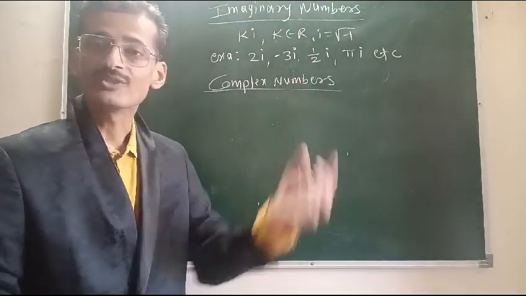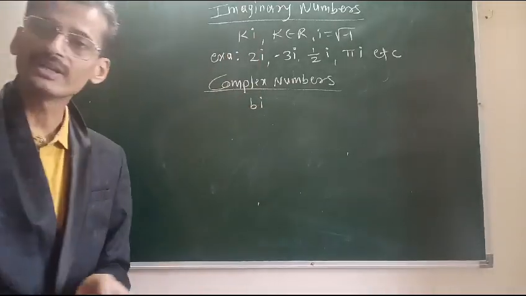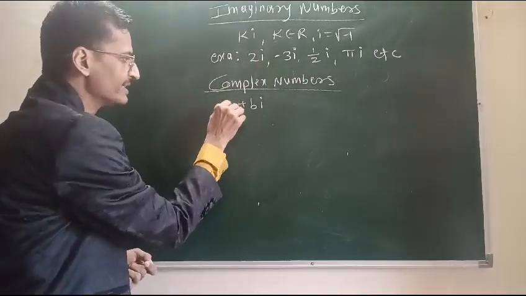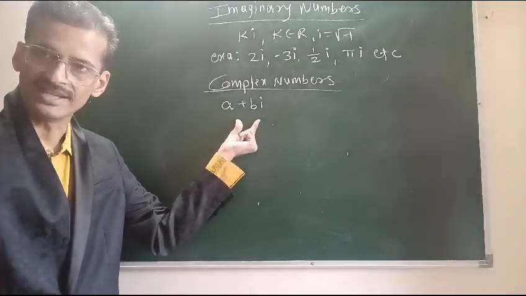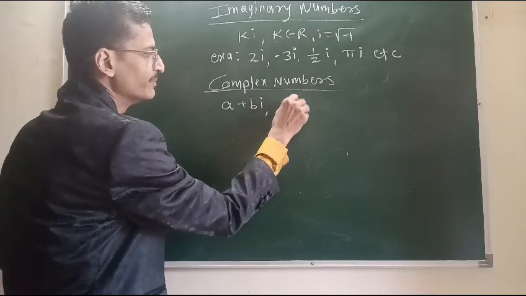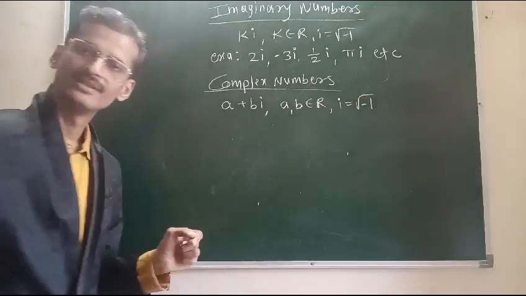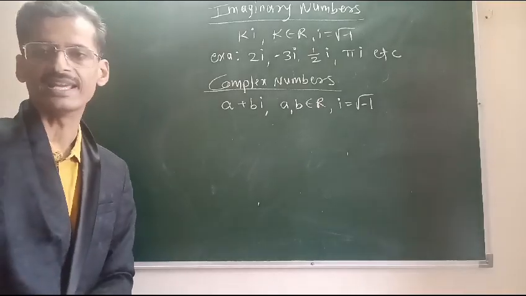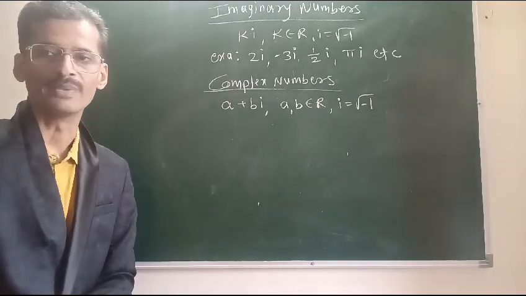So now let us see what a complex number is. If a number is given like this, suppose some bi, that is an imaginary number, i into a real number, plus now suppose some a is given, which is a real number, then this number a plus bi is called a complex number. Now what is the condition here? This a and b both must be real numbers and i is root of minus 1. So a number given in the form a plus bi, where a and b are real numbers and i is root of minus 1, is called a complex number.